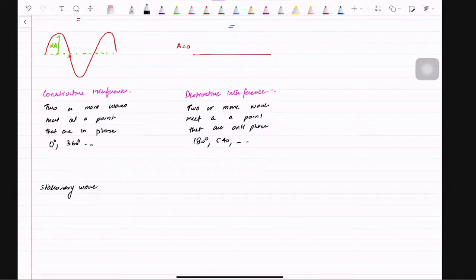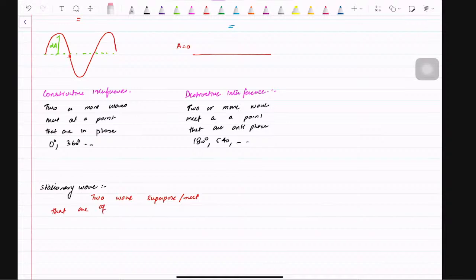Stationary waves are created when two waves superpose, you can also write meet, that have these three properties.